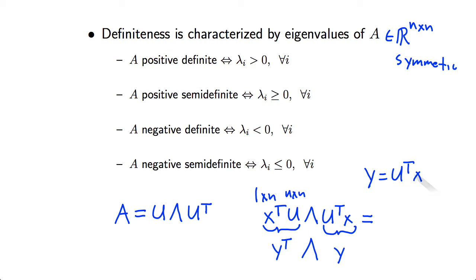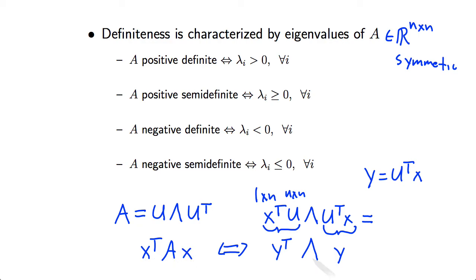Now, interestingly, for any x, we can come up with a corresponding Y, and for any Y, we can come up with a corresponding x. And this holds because U here is an orthogonal and therefore invertible matrix. So this thing being positive for any Y is equivalent to this term here being positive for any x.